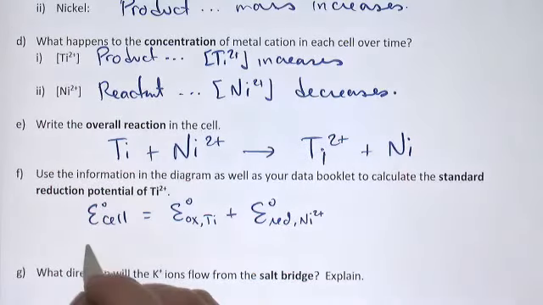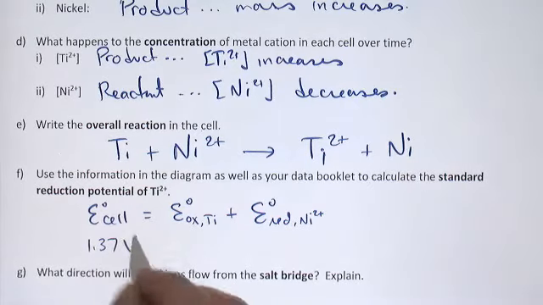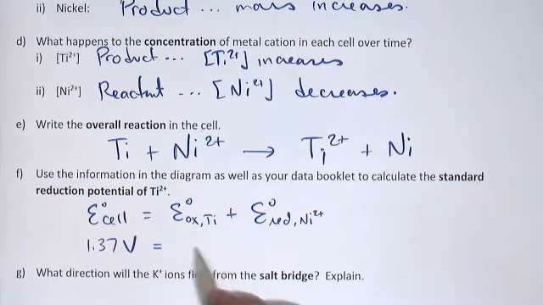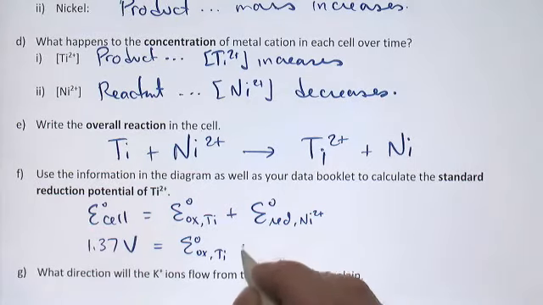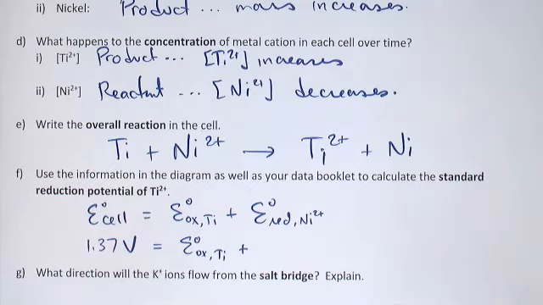Plug in what we know. So the cell potential is 1.37 volts. The oxidation potential of titanium, I have no idea. Titanium is not on my chart. It's not in my booklet. But nickel's reduction potential is in my booklet. That's going to be, Dan, what is it?